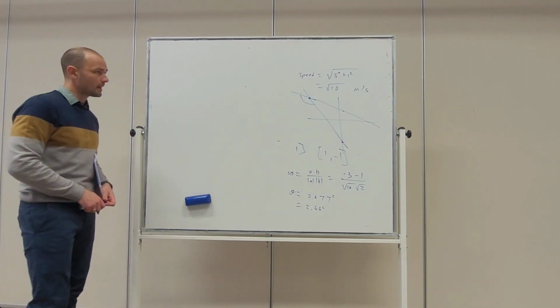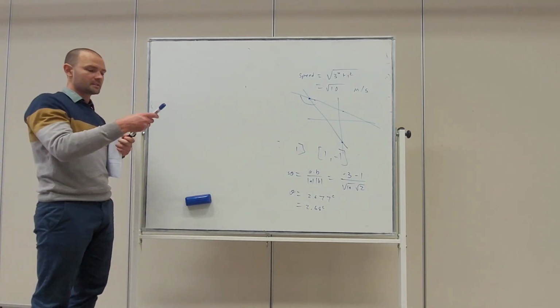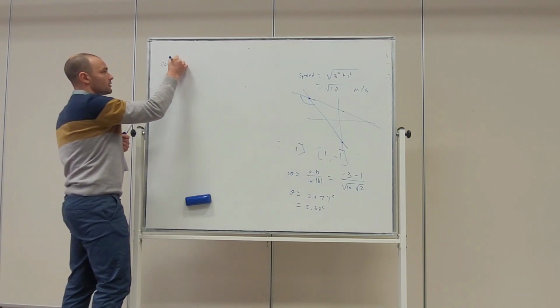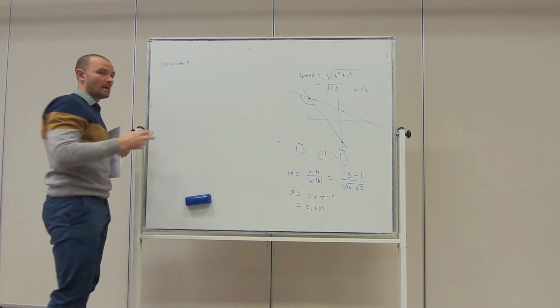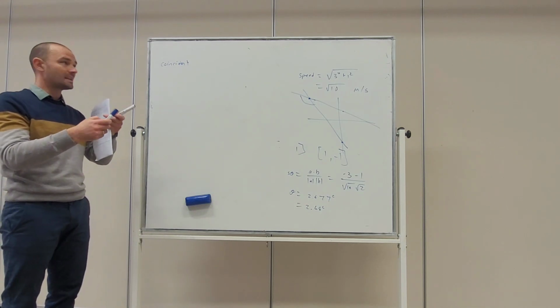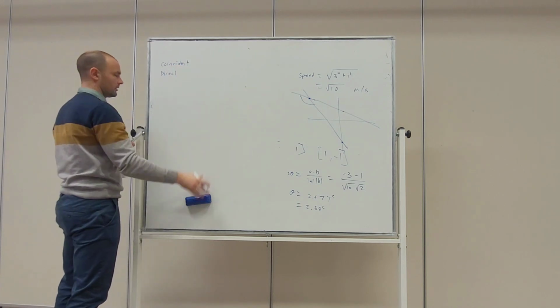And so let's just have a recap of what are the possibilities for the lines. They could be the same line. Okay, we call that coincident. They could be parallel, in which case they have the same direction but will never intersect. Okay, parallel.